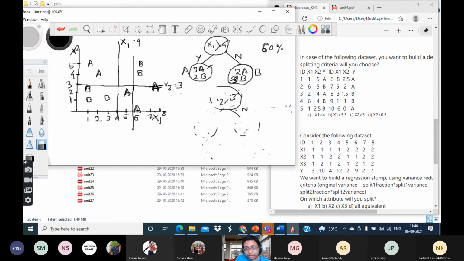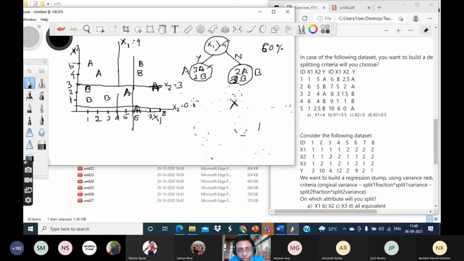Next we consider x2 greater than 0.5. That means basically all the 9 points on this side belong to one side, and only 1 point is on the other.